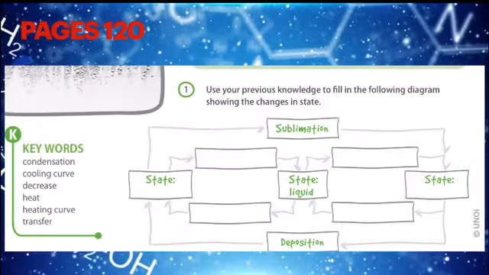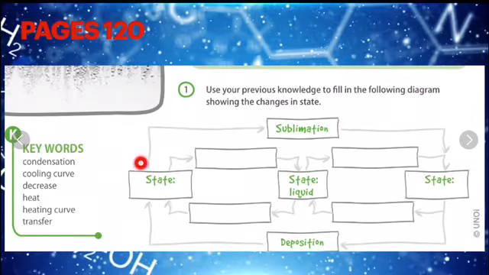Okay, guys, now that you finished analyzing and reading exercise number 1, let's do it together to see if we have the same answers, okay? It says, use your previous knowledge to fill in the following diagram showing the changes in state, okay?